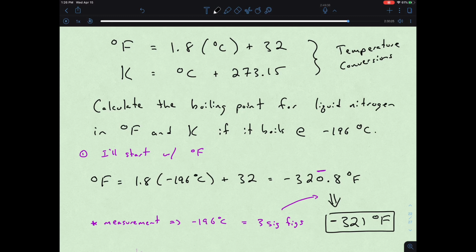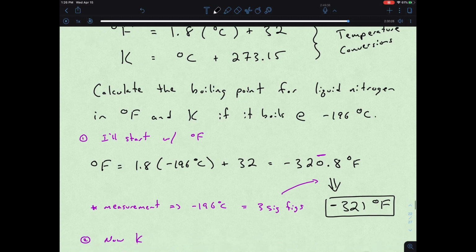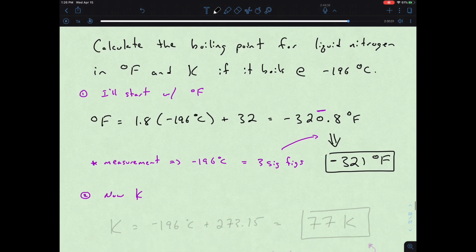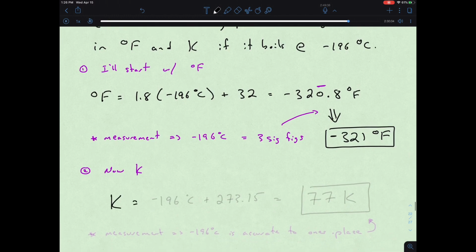Well, for step 2, we'll now get at the idea of Kelvin. So our Kelvin would be equal to our degrees Celsius plus our 273.15, and if we do that, we get a value of 77 Kelvin. That is our answer, right?